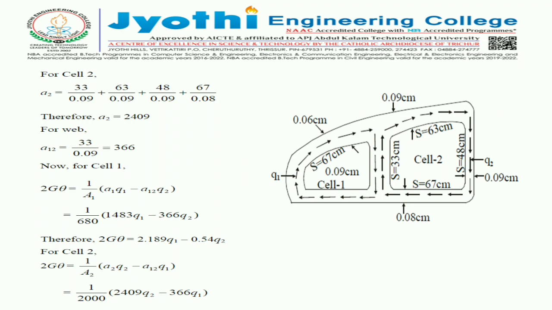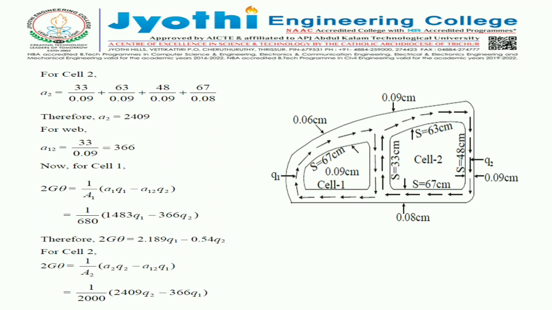Next, for cell 2, a2 is given as 33 by corresponding thickness 0.09 plus 63 by corresponding thickness 0.09, plus 48 by corresponding thickness 0.09 plus 67 by 0.08. a2 is equal to 2409. Next, for the web, a12 is equal to 33 by 0.09, that is equal to 366.